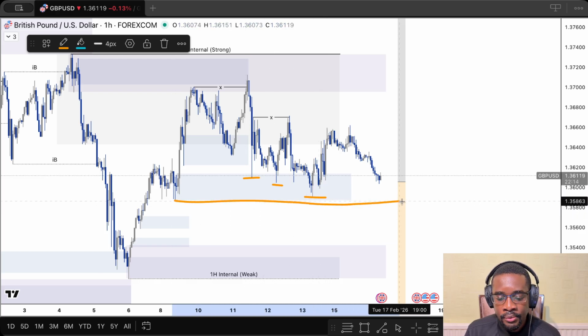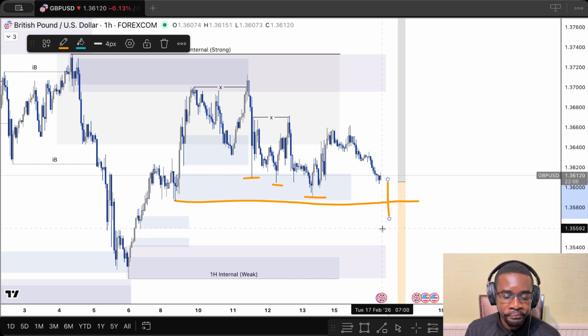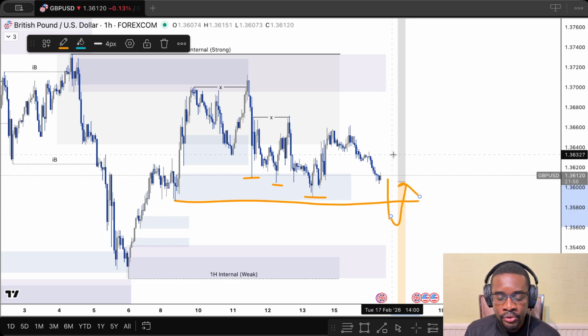So now whatever mitigation we're going to get most likely is going to breach this demand zone, is going to fail. Okay, and then once the demand zone fails, then we could look for something to go long short term. Okay, we could look for reasons to go long short term.